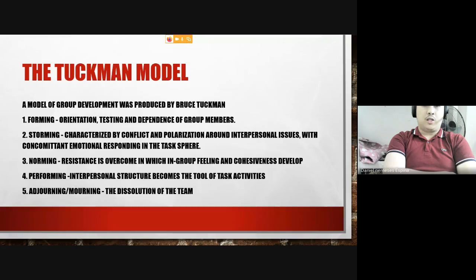That's why it's called mourning because they will feel sad. So they will feel sad nga di na sila mag-uban sa isa ka project. So that's the adjourning, or the end of the team. Okay? So you have forming, storming, norming, performing, and adjourning.